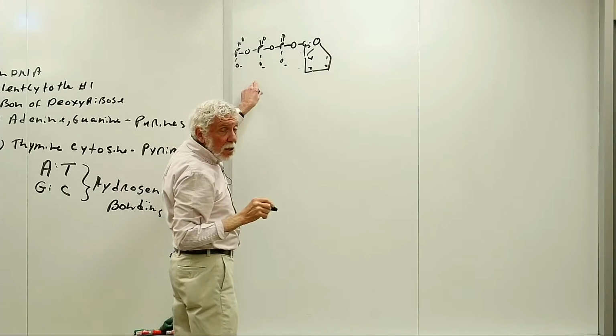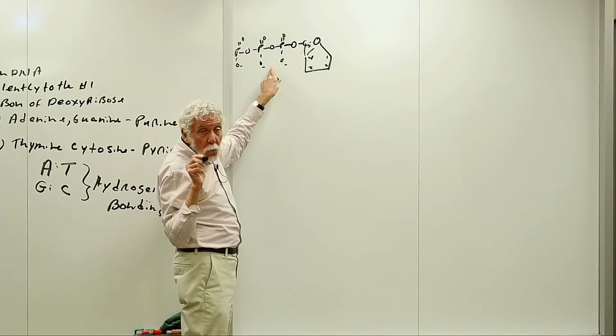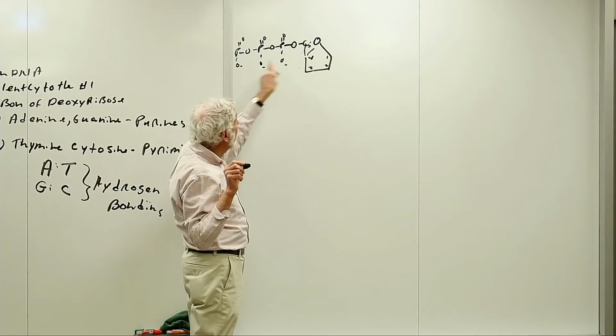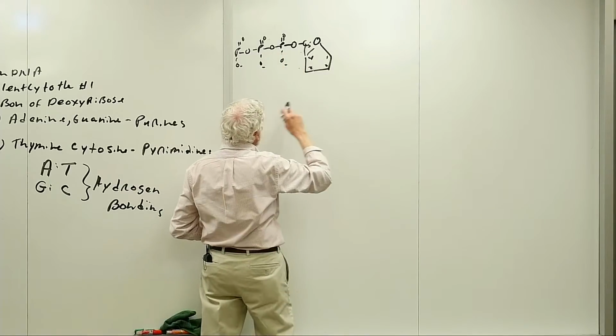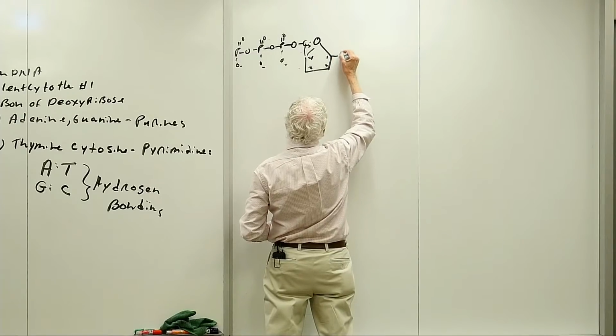You'll recognize this as the same sort of phosphates that we had on phospholipids. But now we've modified them a little bit, and we have 3 of them. And we're using this oxygen-phosphorus-oxygen bond. And out here we can put, say, an adenine.